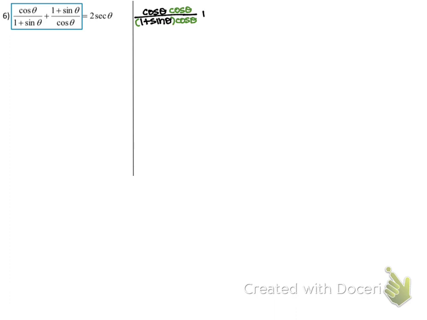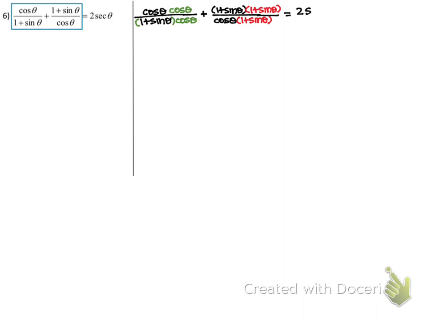Then I had plus, this one had the cosine theta and 1 plus sine theta on the top. So the thing it's going to need is the 1 plus sine theta. And I'm just multiplying each one of these by 1, which I'm allowed to do. It doesn't change anything.